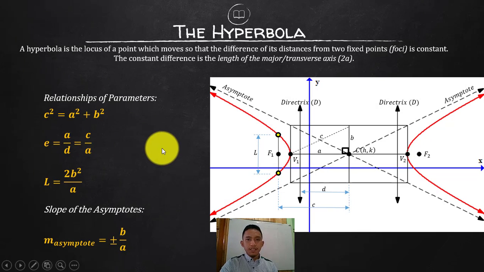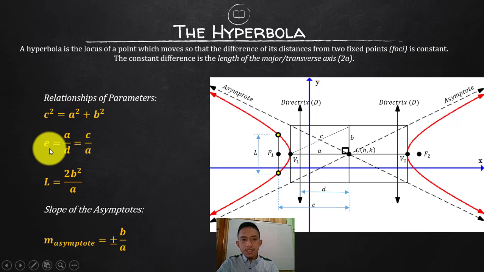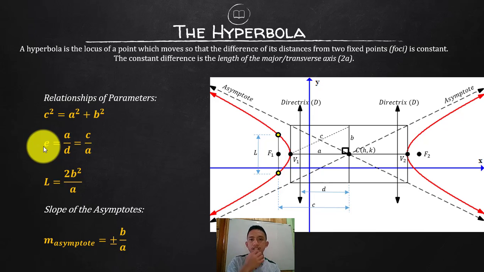Let's try to relate. As I said a while ago, it is the same as your ellipse, but with only a slight difference in your Pythagorean theorem. E is the ratio, but this time E will be bigger than 1. So again, let's say it is not stated in the problem that your curve is an ellipse or a parabola, or you do not have the equation to recognize it.